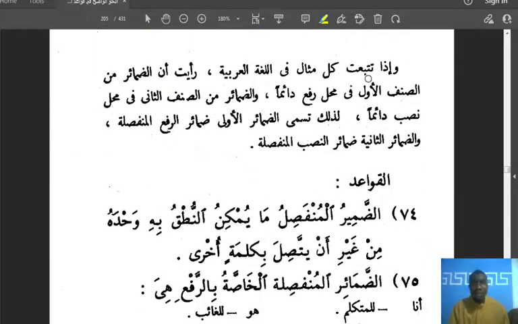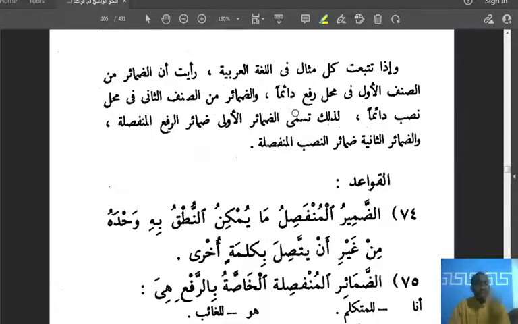It says وإذا تتبعت كل مثال في اللغة العربية رأيت أن الضمائر من الصنف الأول في محل رفع دائما.